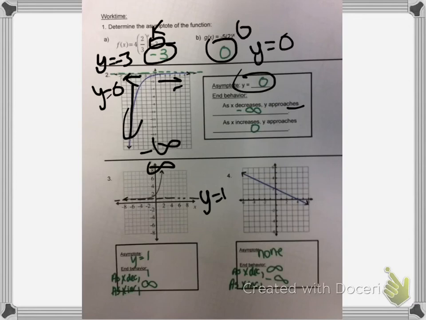We know as x is decreasing, y is approaching the asymptote of 1. And as x is increasing, it's approaching positive infinity.